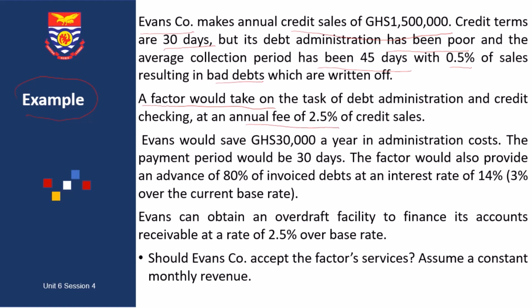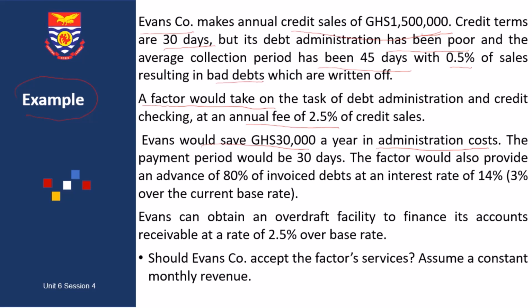So the cost that the factor is charging annually is 2.5% of the credit sales, and the credit sales here is 1,500,000. So Evans will save 30,000 a year in administration costs. Because you are using the service of a factor, you are saving 30,000 a year in administration costs.